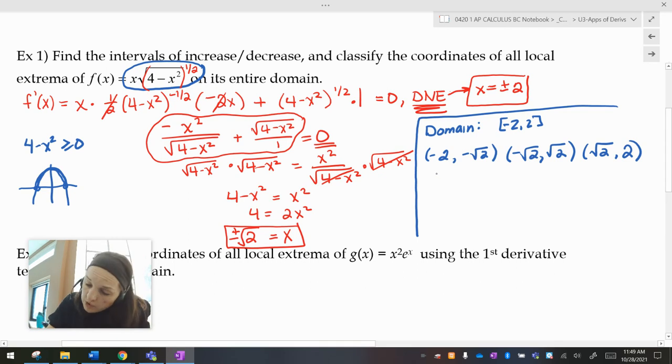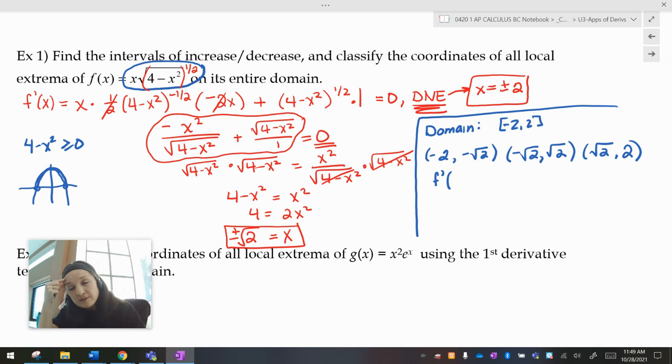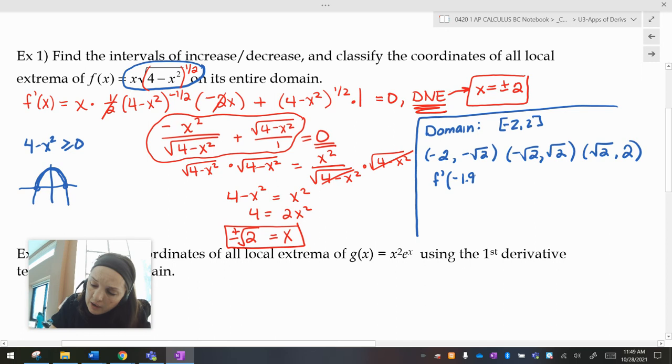So now I am going to find f prime of a number between -2 and negative root 2. Okay, well, that's a little bit tougher. So you know what? I'm just going to choose like -1.9 and see what we can do in our head here. So if I have -1.9, all I care about is the sign of what's in that blob there at -1.9.